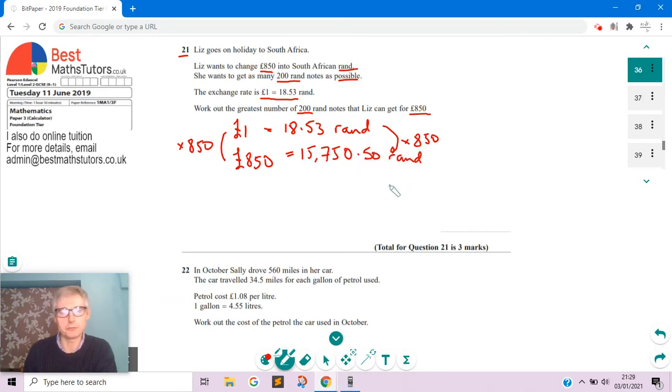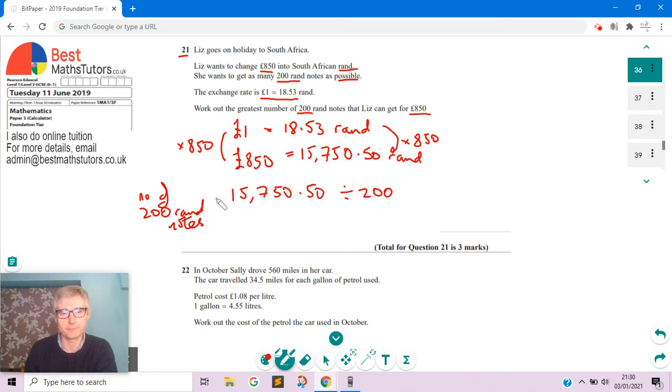Now we want to know how many 200 Rand notes we can get from this 15,750.50 Rand, because that's what £850 is worth. So all we need to do is divide the 15,750.5 by 200, and that will give us the number of 200 Rand notes.